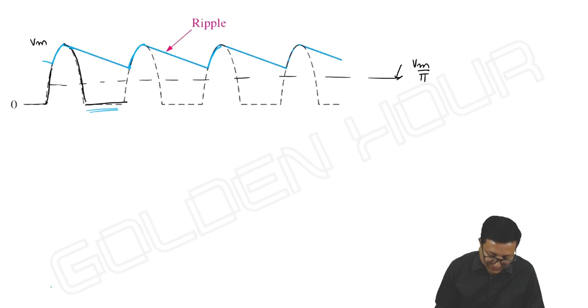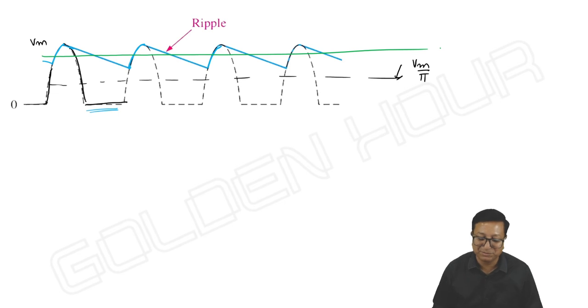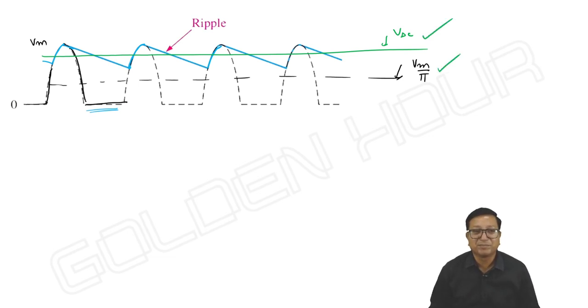If you take it so, the average value lies in between maximum and minimum. This is VDC, which is much better compared to Vm. Is it not so? Okay, this is the idea. We are improving the DC level.